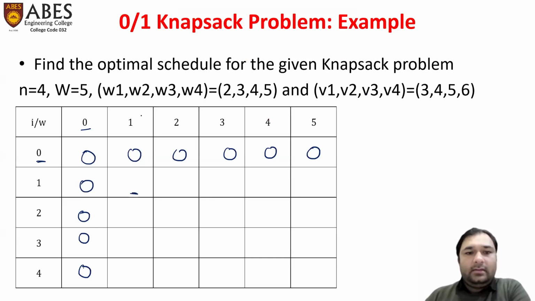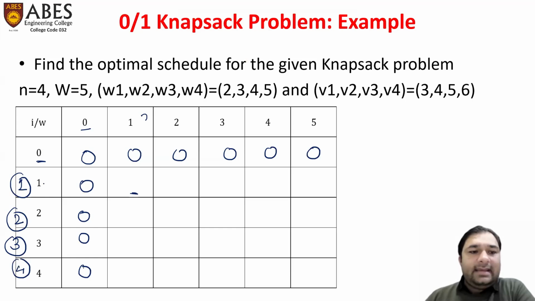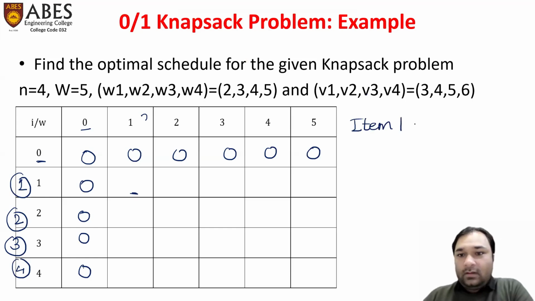Here, this is item 1, this is item 2, this is item 3, this is item 4. Now, what we are seeing here is item 1 has a weight 2.